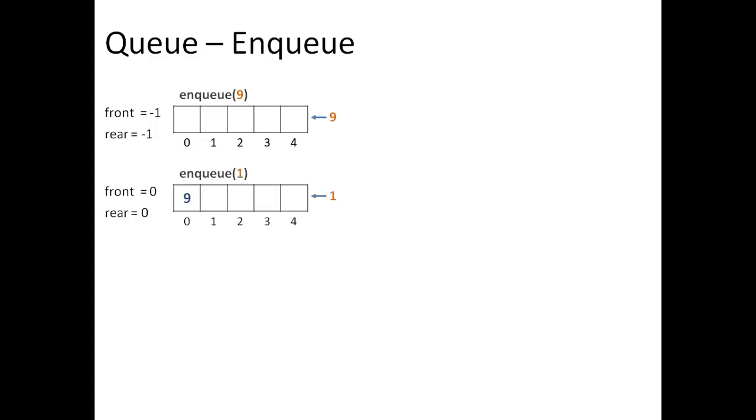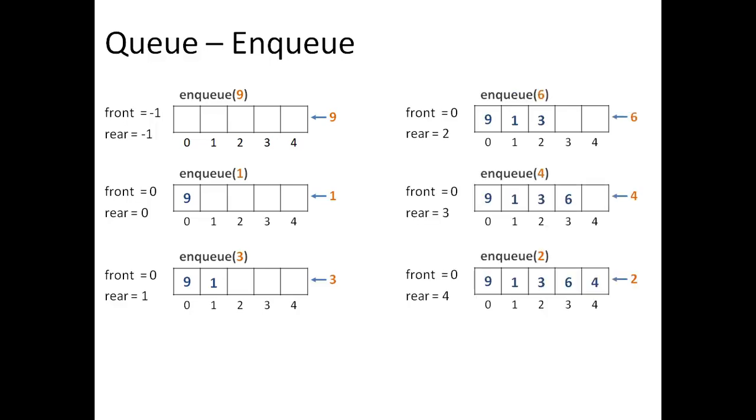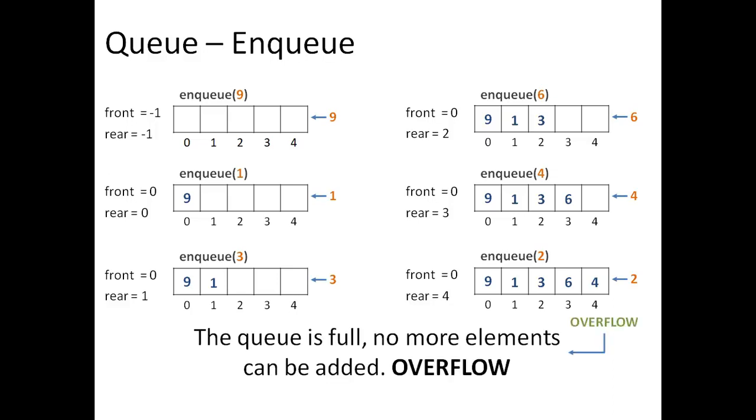If we follow this process, that is enqueuing one element at a time, then after some time the rear will reach the last index. As you can see here, the rear pointer is pointing to index 4, which is the maximum index available at this moment of time. So one more enqueue operation will flag the condition for overflow.